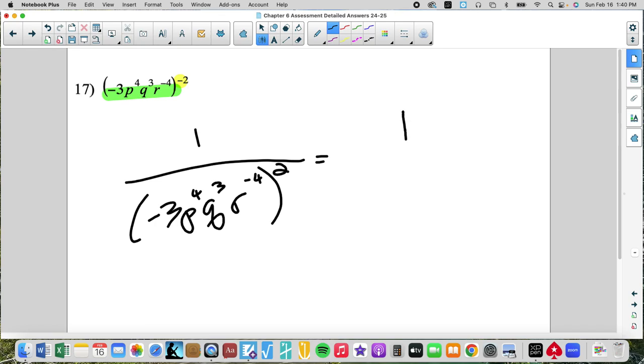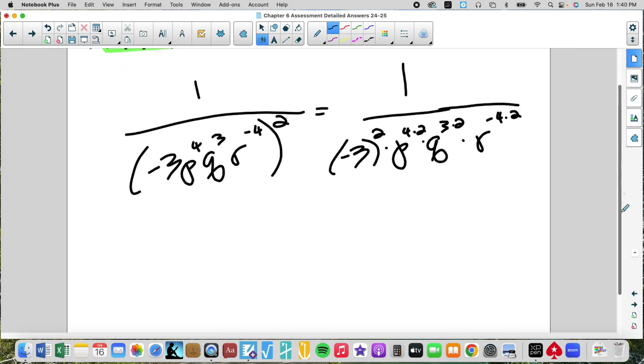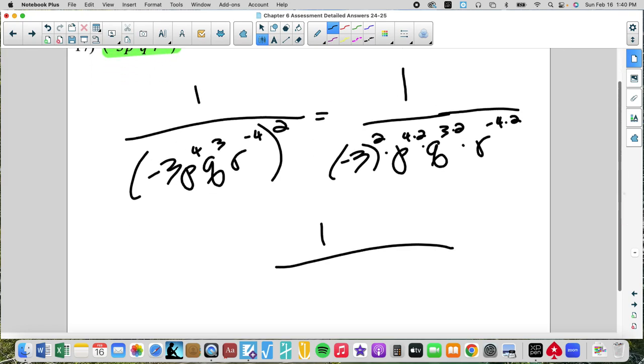And then I could have distributed: -3 squared, p to the 4 times 2, q to the 3 times 2, and r to the -4 times 2. That gives me -3 times -3 is 9. P to the 4th times 2 is p to the 8th. Q to the 3 times 2 is q to the 6th. And r to the -4 times 2 is r to the -8.